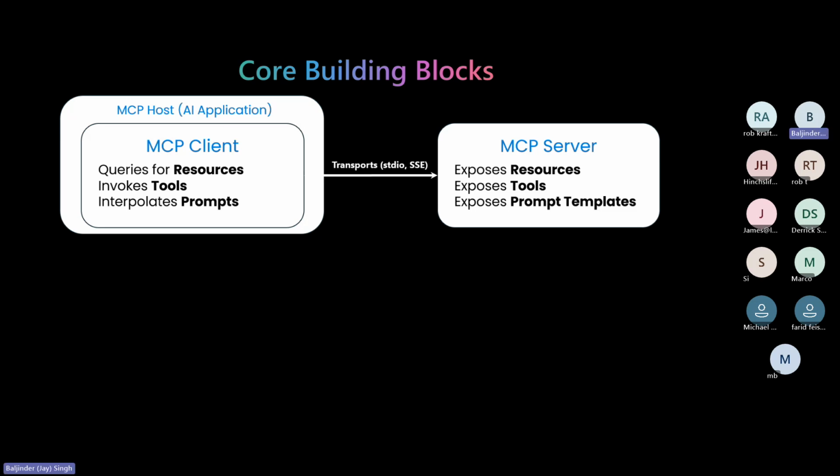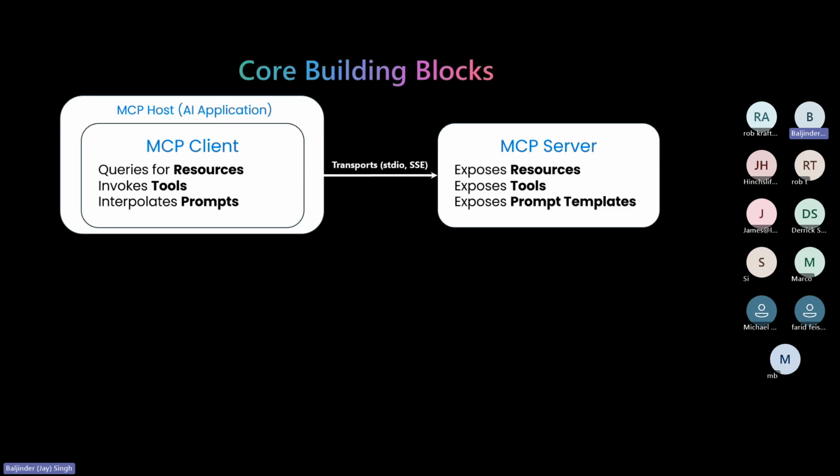And then the transport that you see between the client and the server happens either locally via standard input-output or remotely over HTTP using server-sent events. These are the two primary transports that MCP uses. On the right is the server itself, which is where enterprise capabilities are exposed in a controlled and standardized way.